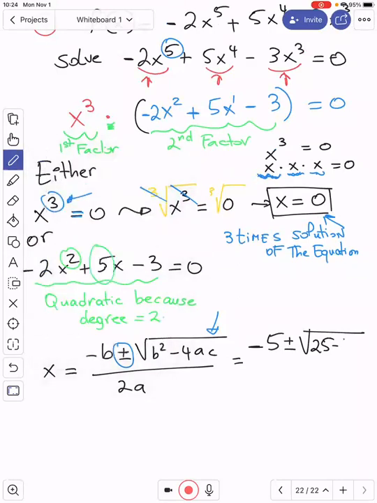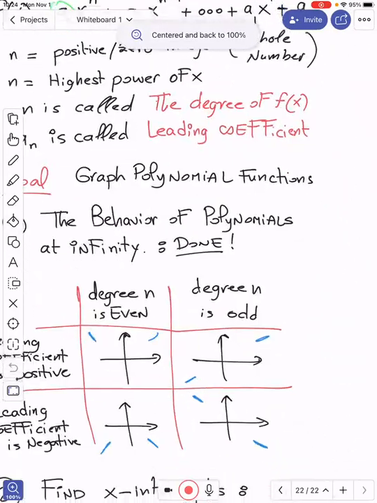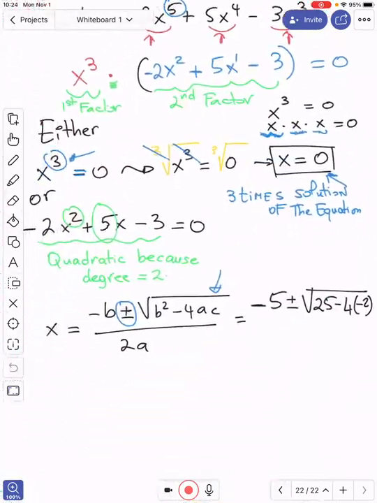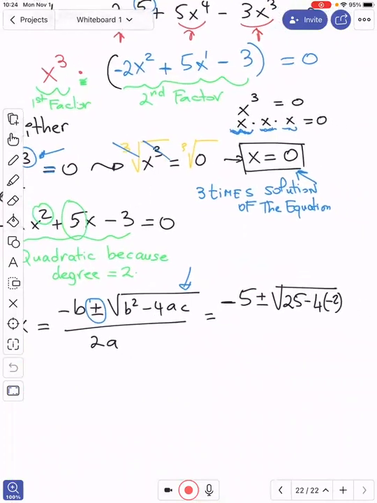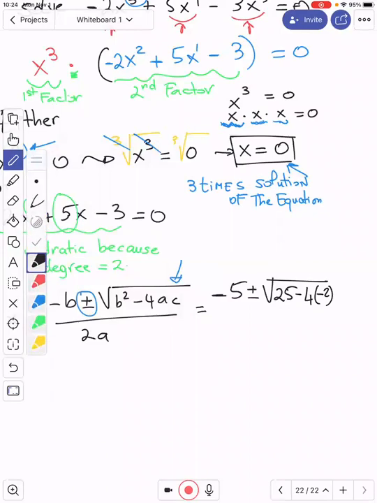So 4 times a, -2, times the c, and the c is -3. Over the whole thing over 2a. So 2 times the -2.